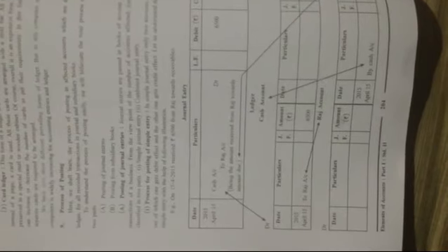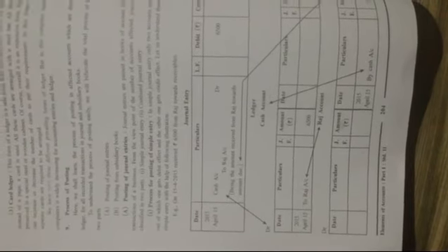From the journal entry, whichever account is debited, it would be credited in the Raj account. And here Raj account is credited, therefore it would be debited in the cash account. It would become totally opposite. So remember this rule. This is very important while posting the journal entry in ledger.